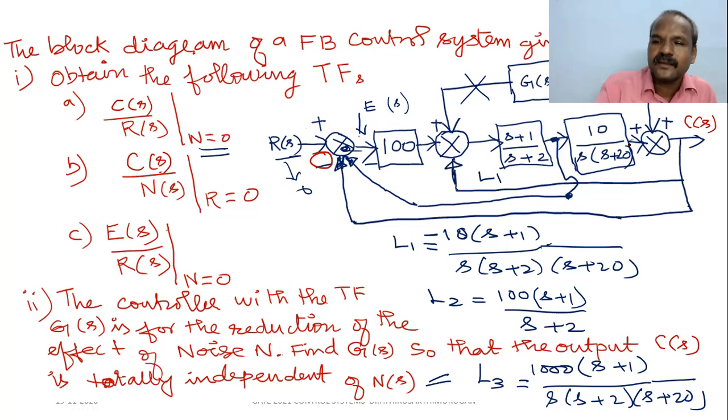From this point to this point, the gain is 1. What is P2? G of S.